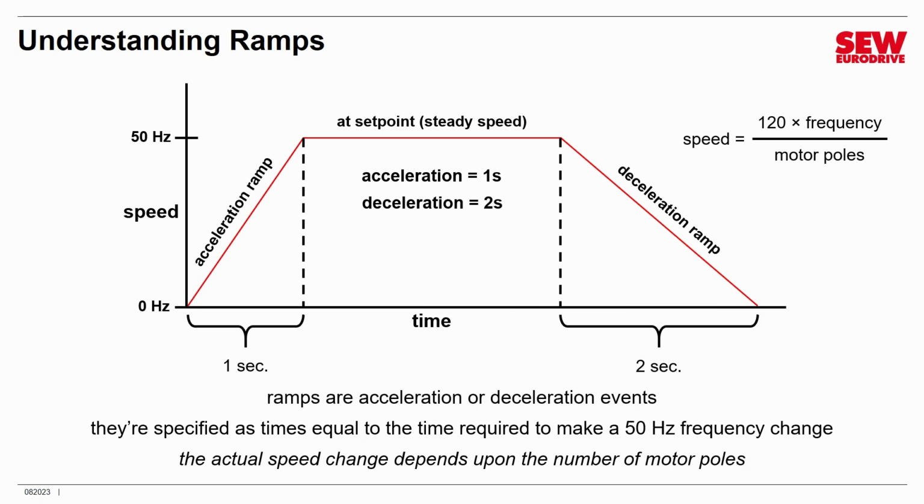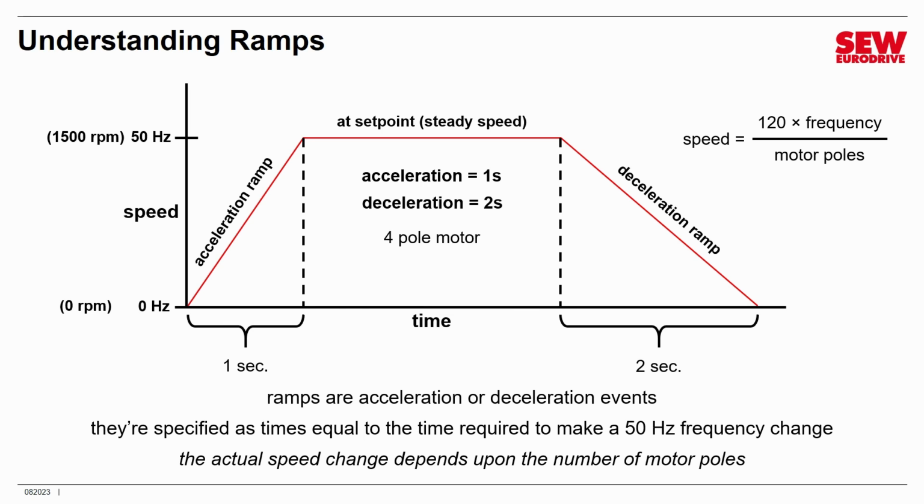And you probably remember this equation. I showed it to you in an earlier session. It relates the VFD's output frequency and the number of motor poles to the speed in RPM. Let's just say in this case that our motor has 4 poles in it. A 0 to 50 Hz speed change is going to actually be a 0 to 1500 RPM speed change. That's what it calculates out to if you calculate a 4-pole motor.